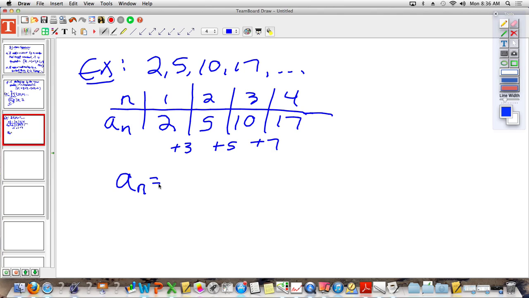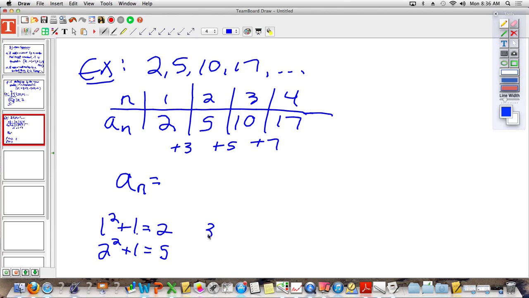Adding 1. So if I took 1 and squared it, 1 squared, and added 1, what is 1 squared plus 1? 2. What about 2 squared plus 1? 5. 2 squared is 4, plus 1 is 5.